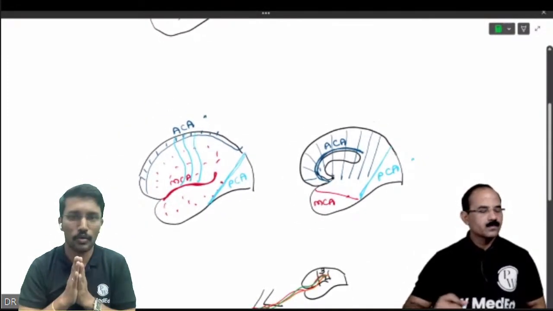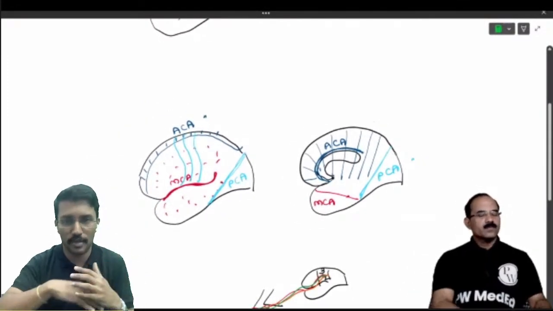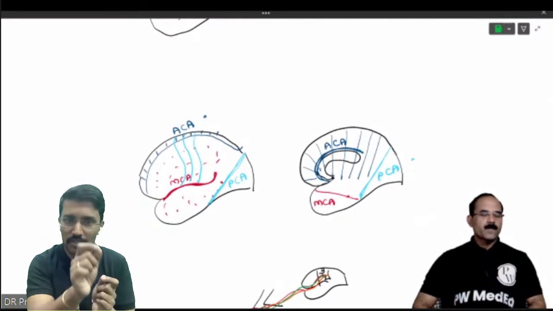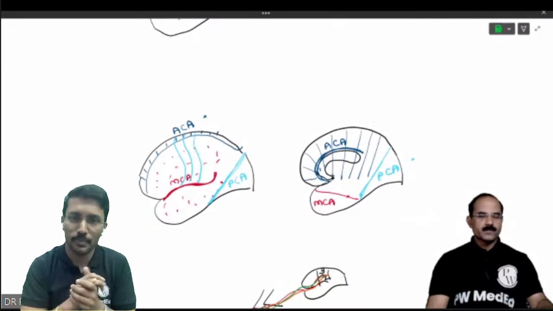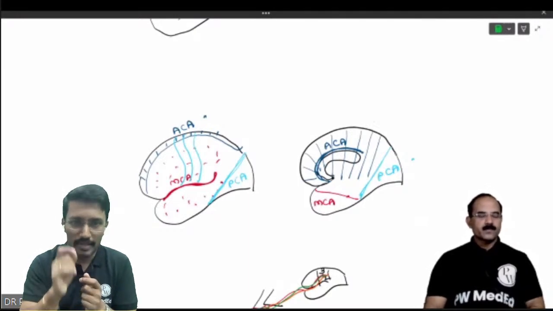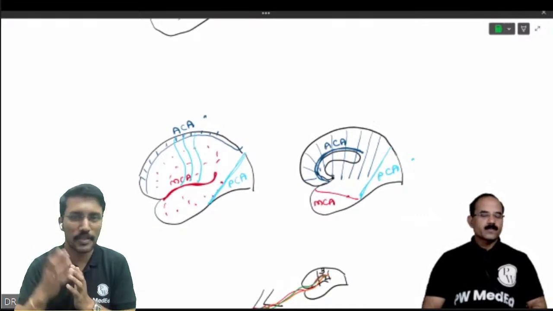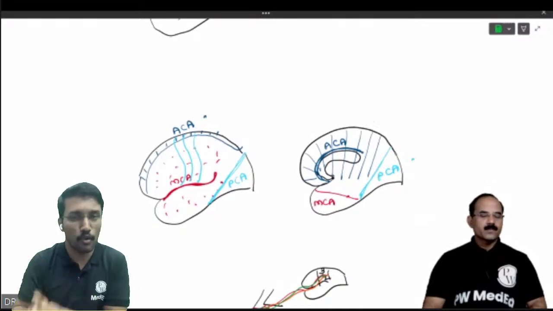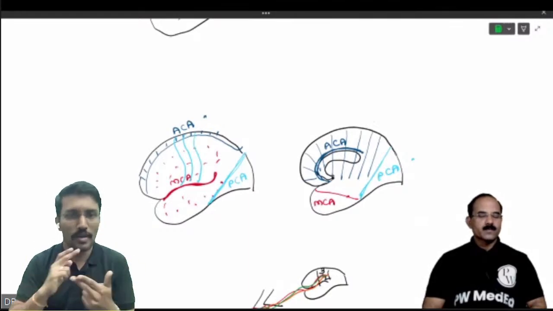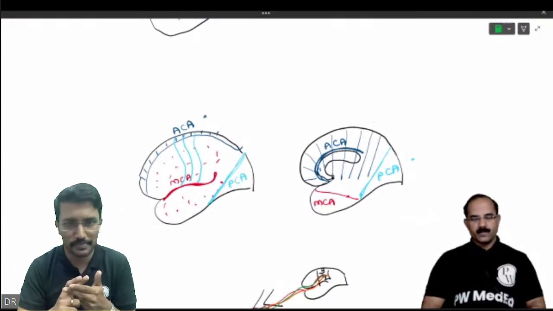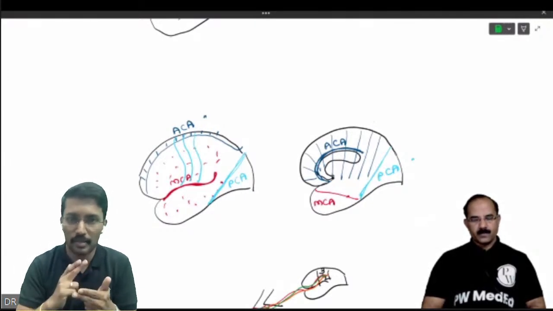I already told you that it is the lateral surface where the face and arm are predominantly represented, which is getting the blood supply from which artery? It is getting the blood supply from the middle cerebral artery. So if a patient presents with face and upper limb weakness more than lower limb weakness, one, mostly he has got a cortical stroke. Two, mostly he has got a stroke because of the MCA territory block, right? A block in the middle cerebral artery.